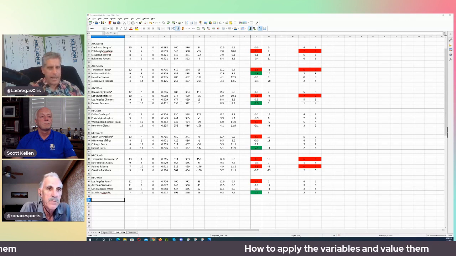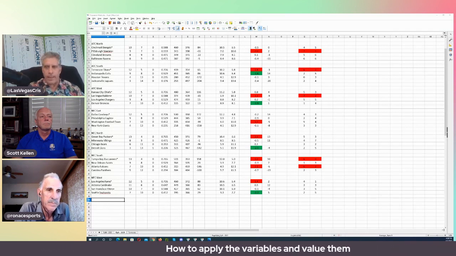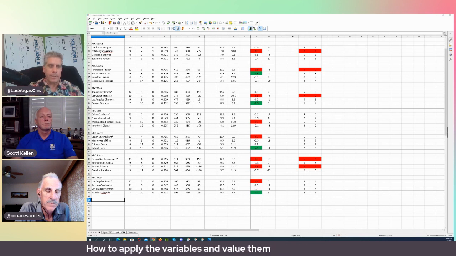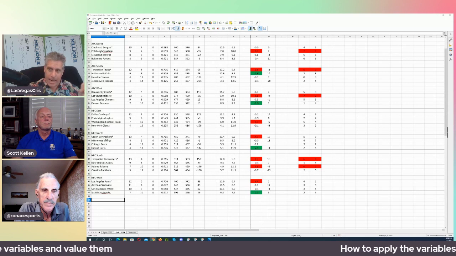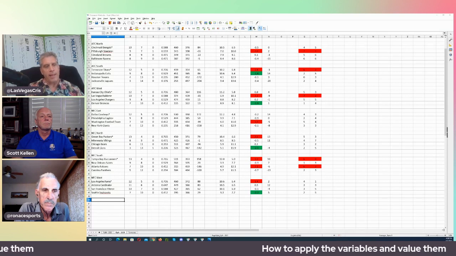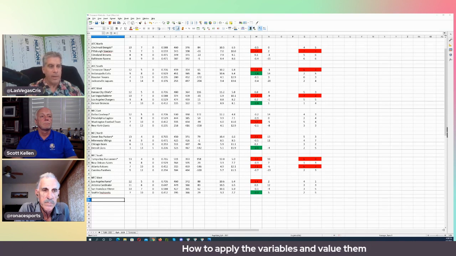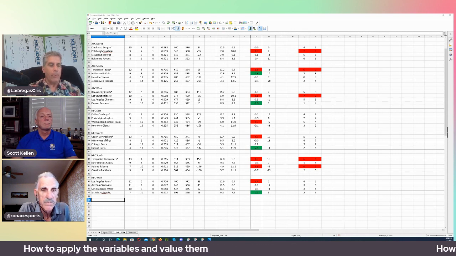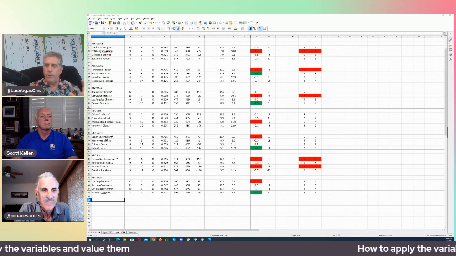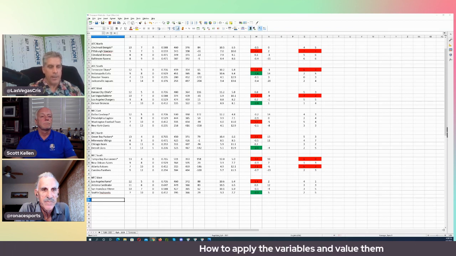So we had Kiev from the Odds Breakers on last week, and he had a beautiful chart like Scott has provided here for what happened last year. And obviously the initial Pythag numbers are going to be the same, but all three of you have a different number now. So here's my question: how are you valuing each of the variables that we've been talking about?